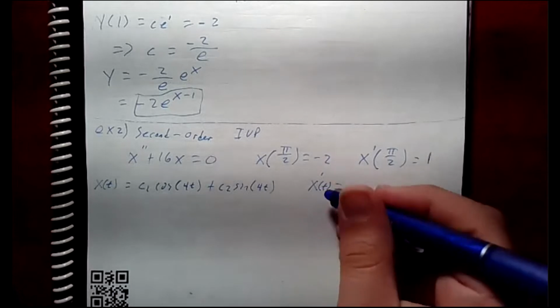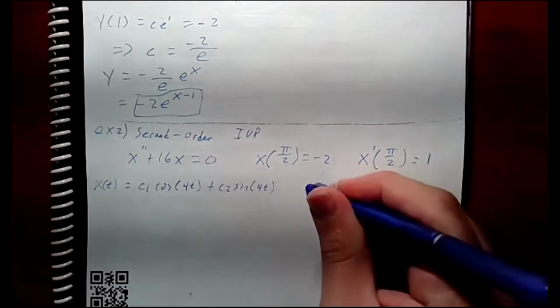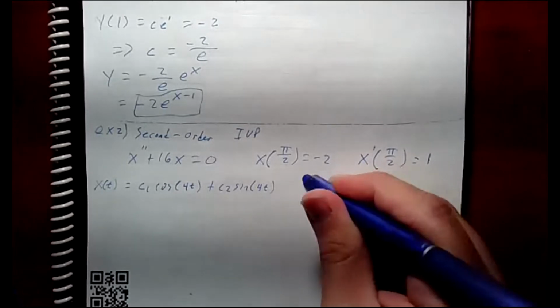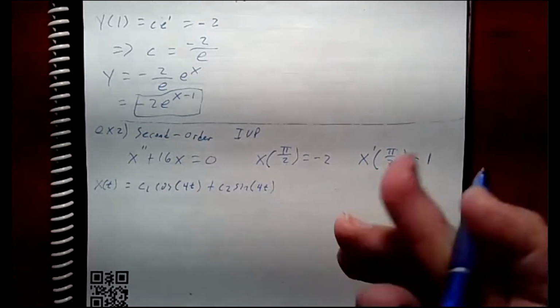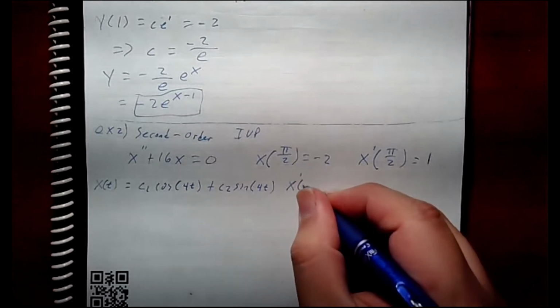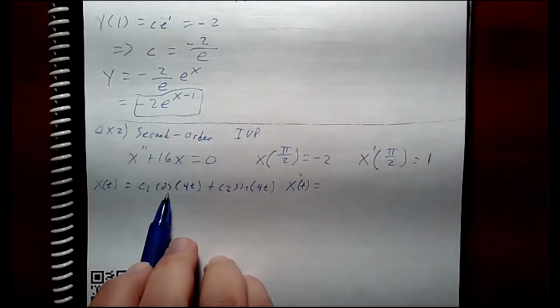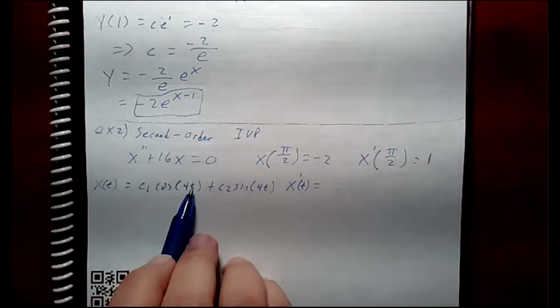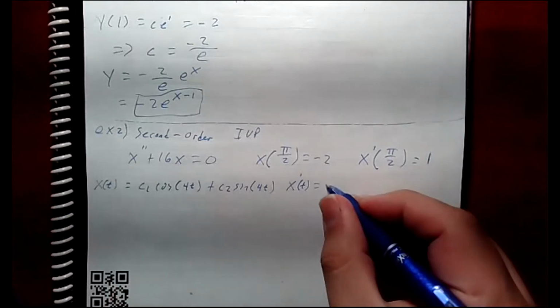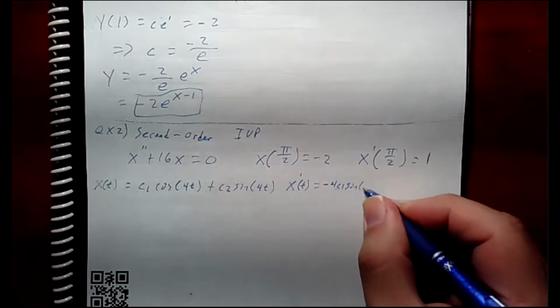I might need more space. So derivative of cosine is negative sine, right? But there's a chain rule involved, so it's going to be -4 C1 sine of 4t.